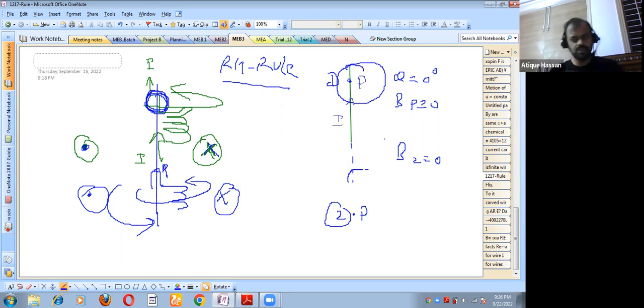If the point is on the right side, the magnetic field is inward. If the point is on the left side, the magnetic field is outward. But this is for current going in the upward direction, right? So it is always better to find it by the right hand rule. If the current goes down, then the direction will change. If the current goes down like this, then on this side the magnetic field will be inward and on this side the magnetic field will be outward.